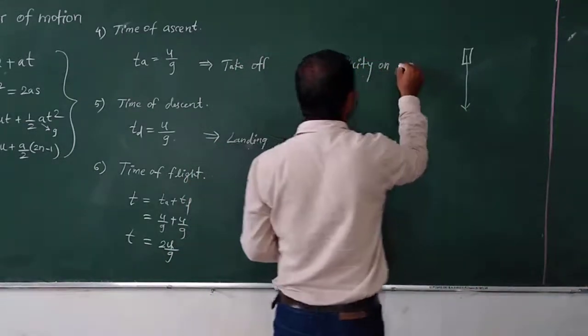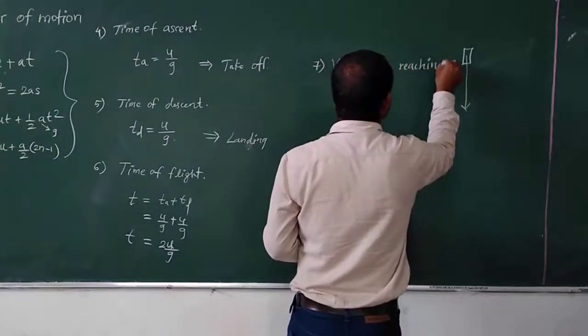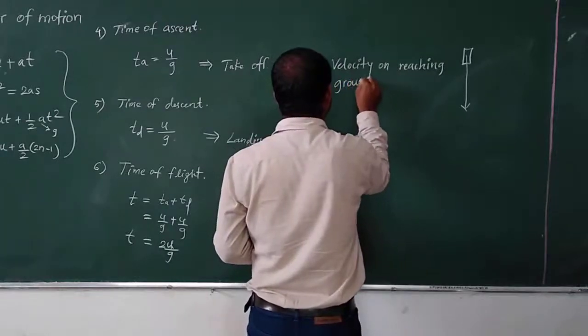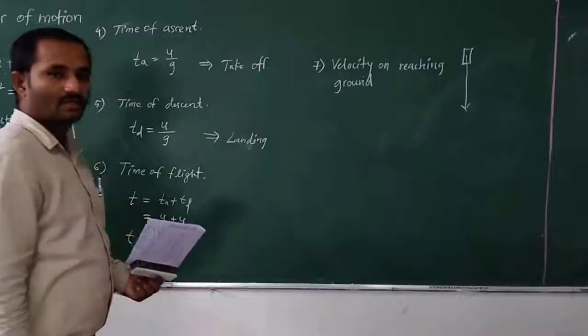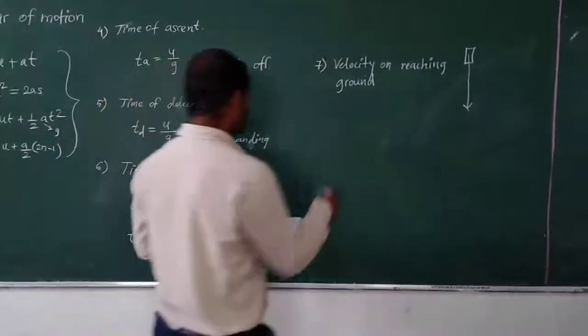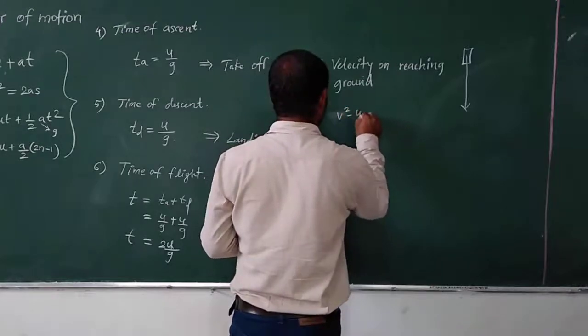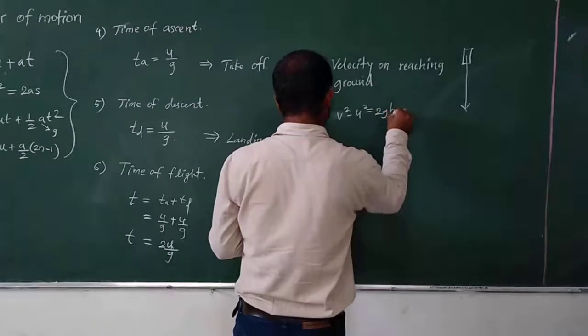To find the velocity, we can write the equation v square minus u square is equal to 2gh.